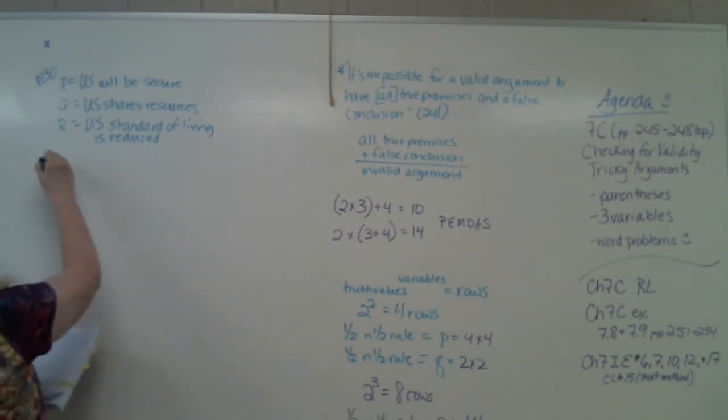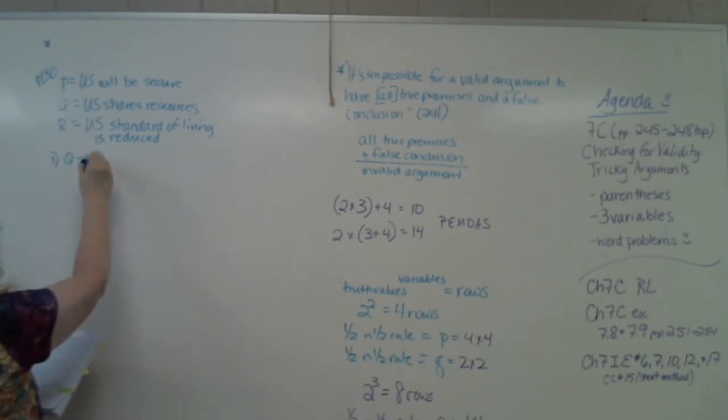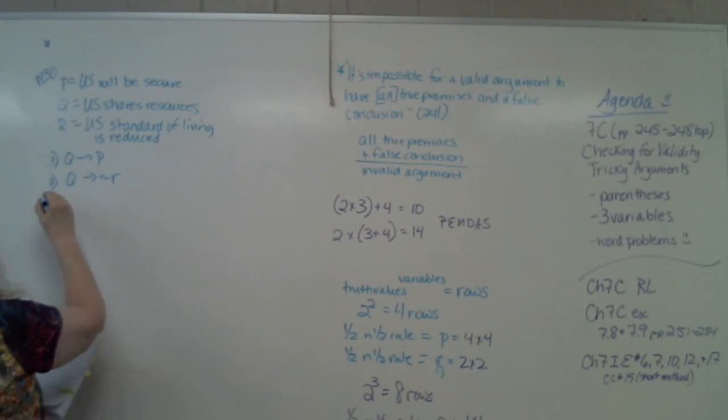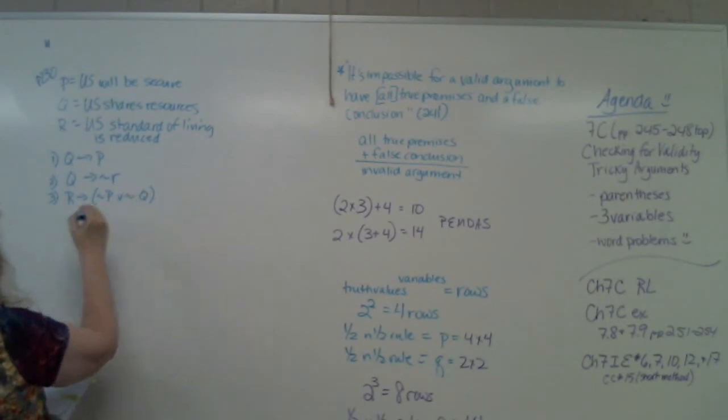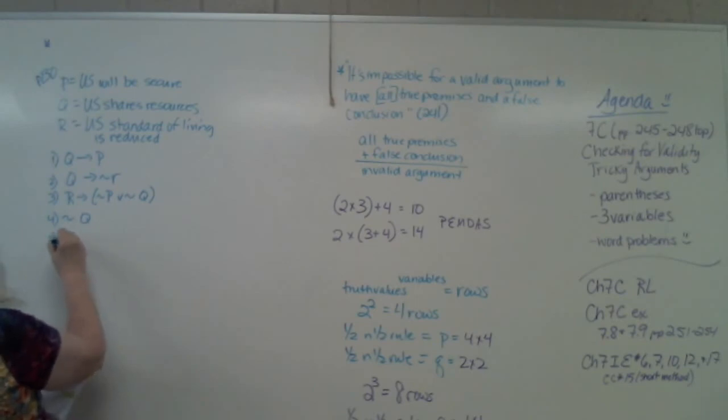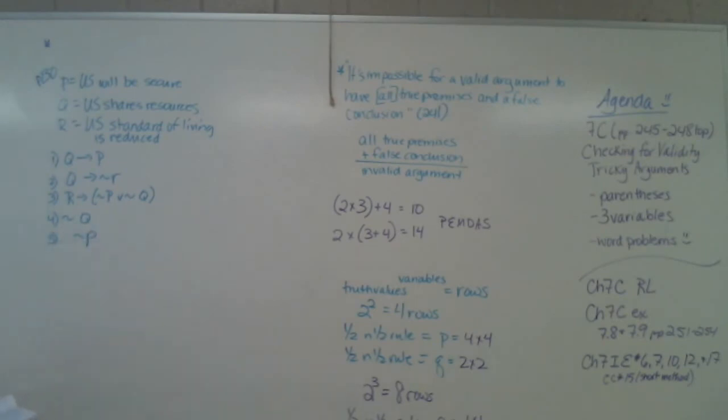Okay, so my first premise is if Q, then P. My second premise works out to be Q, then not R. The third one is if R, then not P or not Q. 4 is just not Q. And then the fifth one, the conclusion, is not P. Okay? That's my argument.